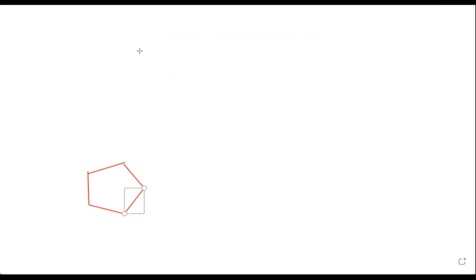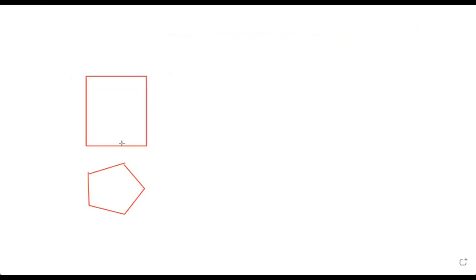In this they have given a pentagon, and a rectangle will come like this. They have given it like this. So all of you know how to draw this pentagonal prism, right?